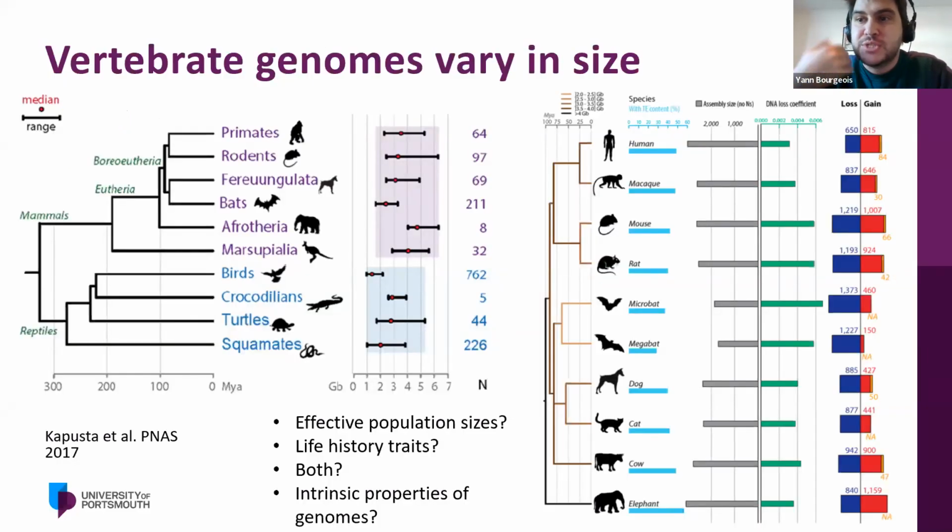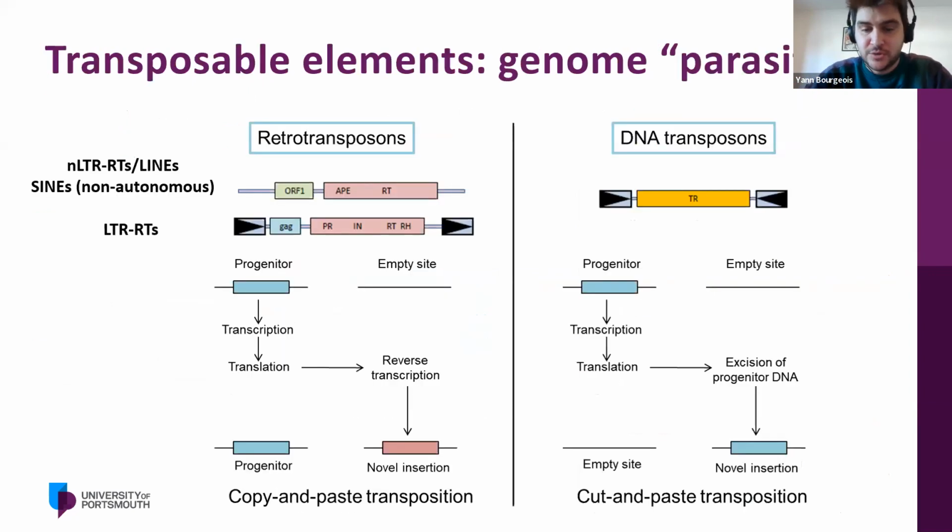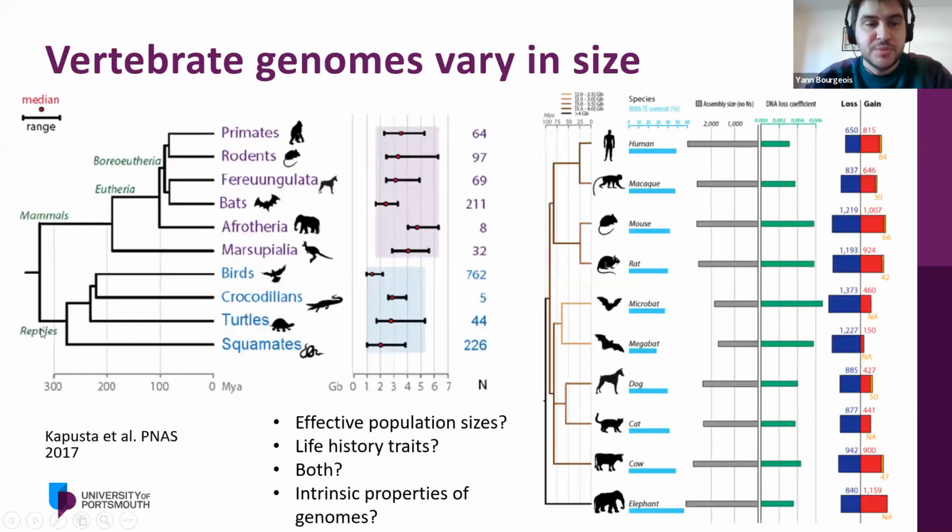So usually when you start talking about transposable elements, you start with this observation that vertebrate genomes and genomes in general vary a lot in size. So here this is a figure that comes from this paper from Capusta et al. In PNAS from 2017. And what they did was that they looked at all the results that were obtained in terms of estimate for genome size in many different vertebrates.